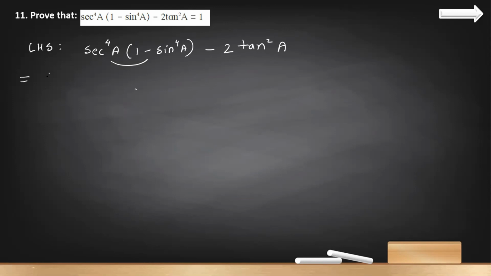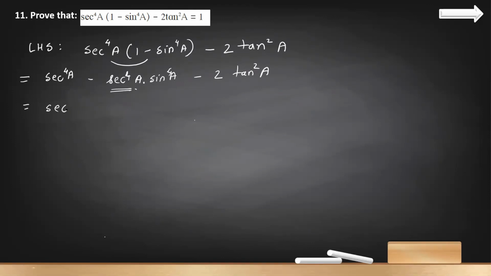So this is equal to sec to the power 4A minus sec to the power 4A into sine square A, minus 2 tan square A. Now we will convert this into cos.